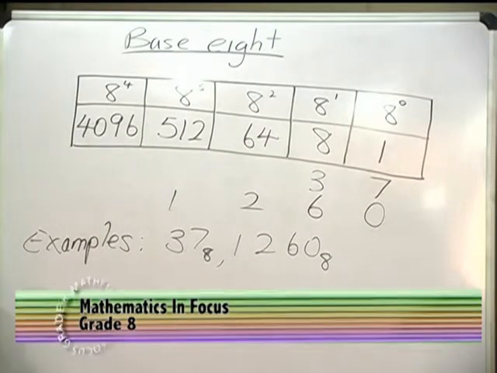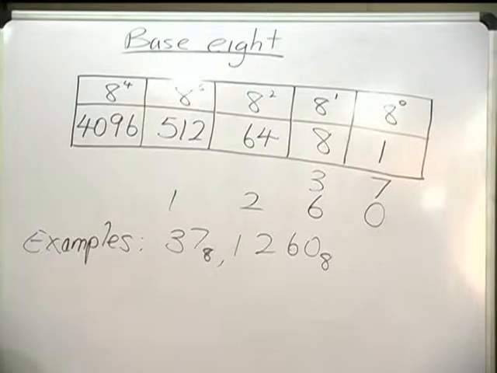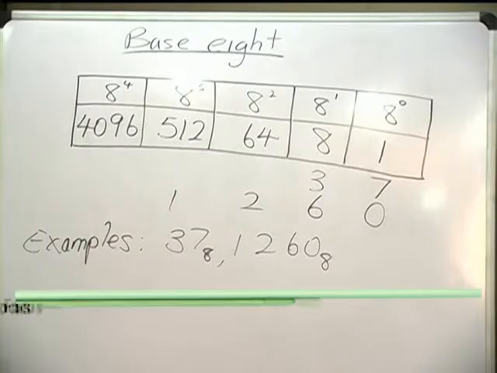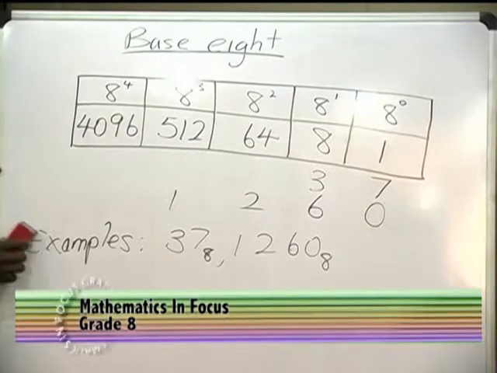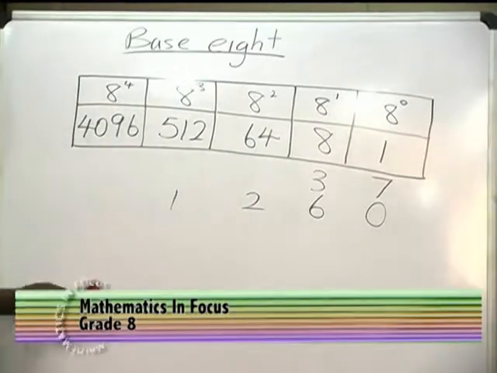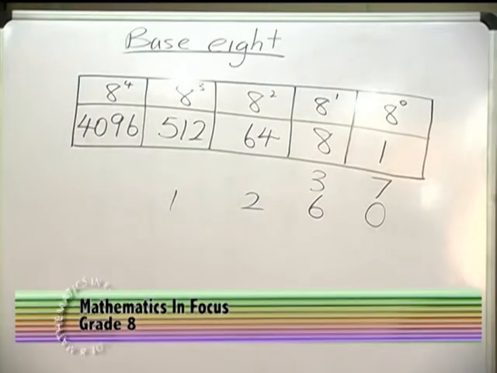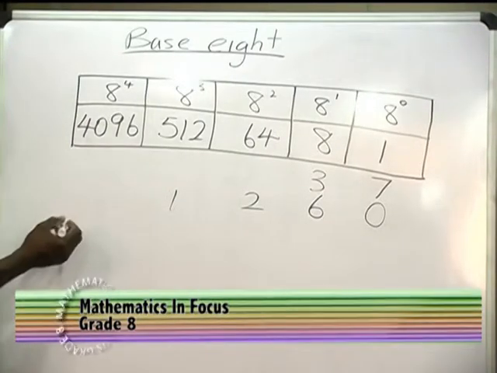Our task now is to convert these numbers to base 10. I know you remember how to convert base 2 to base 10, and you will observe that converting from base 8 to base 10 is very, very similar. So let us see the first number, which is 37 base 8.